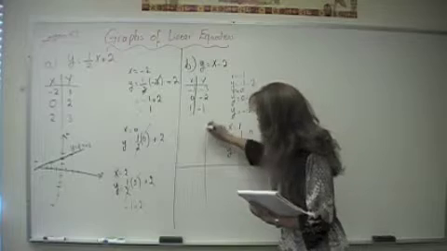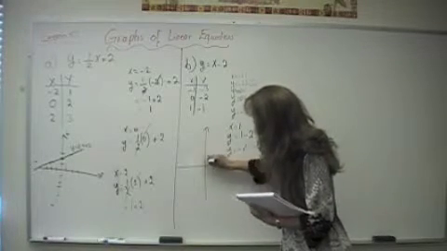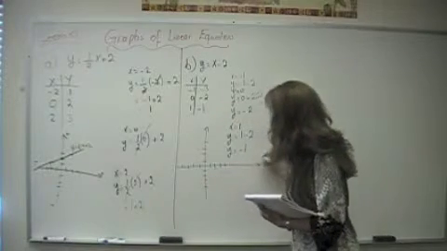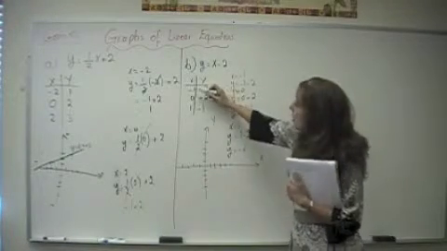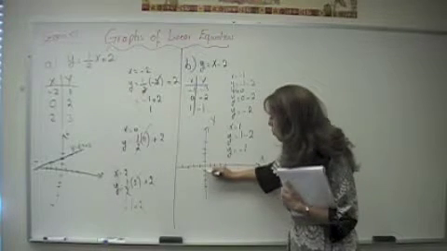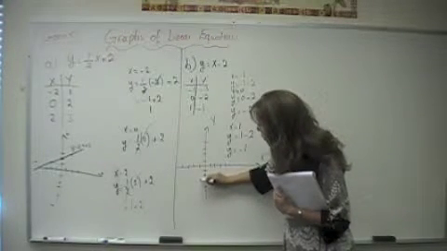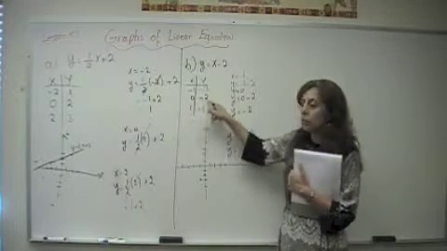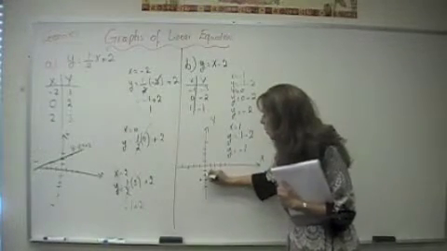X and y axis. Here's x, here's y. For x is -1, y is -3. 1, 2, 3, my first point is right here. 0, -2, here's my second point.